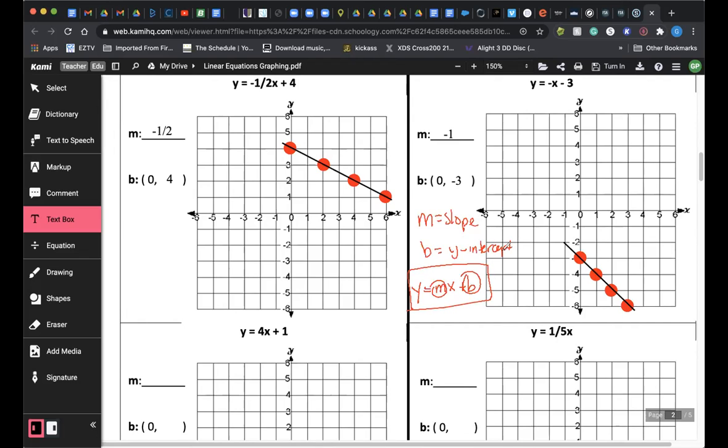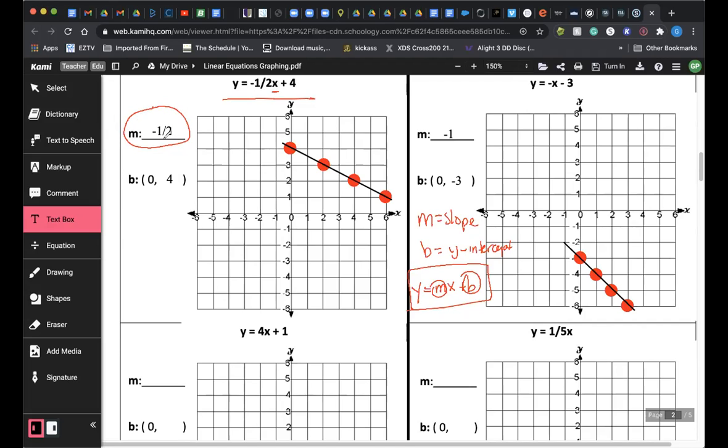Right, so when we look at this equation up here, y is equal to -1/2 x plus 4, we know that our m, which is the coefficient in front of the x, the number in front of a variable, is -1/2.